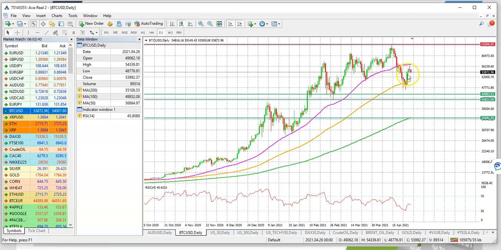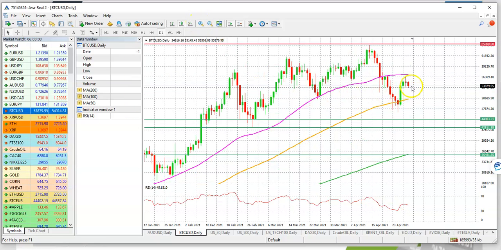But now what we are experiencing in terms of price action is resistance coming from the 50-day simple moving average, or in other words, the price is failing to break above the 50-day simple moving average. Although it is natural to see this sort of price action, the fact that the price has crossed below the lows of yesterday, as you can see over here, and also the lows of the day before that, is certainly a concern.